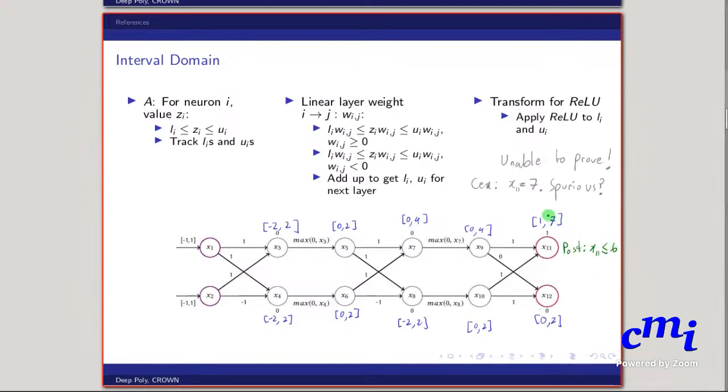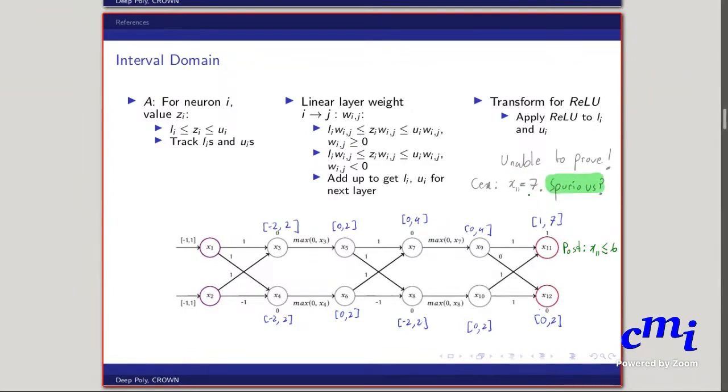So the blue region is coming out of the green region, and you don't have a proof. In fact, if you were to check whether this interval 1, 7 belongs in this post condition, you would get a counter example, the counter example being that the value of x11 is 7. So here is a question: is this counter example spurious?